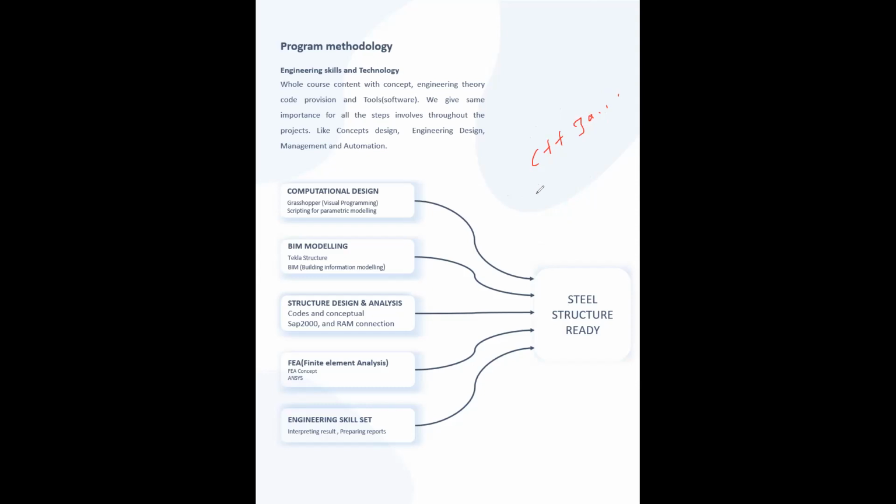Visual programming involves steps that model our structure with more accuracy and more control. If we need to change any particular point on the structure, it will take just one second. I will show you how. So these are the first steps of the training.